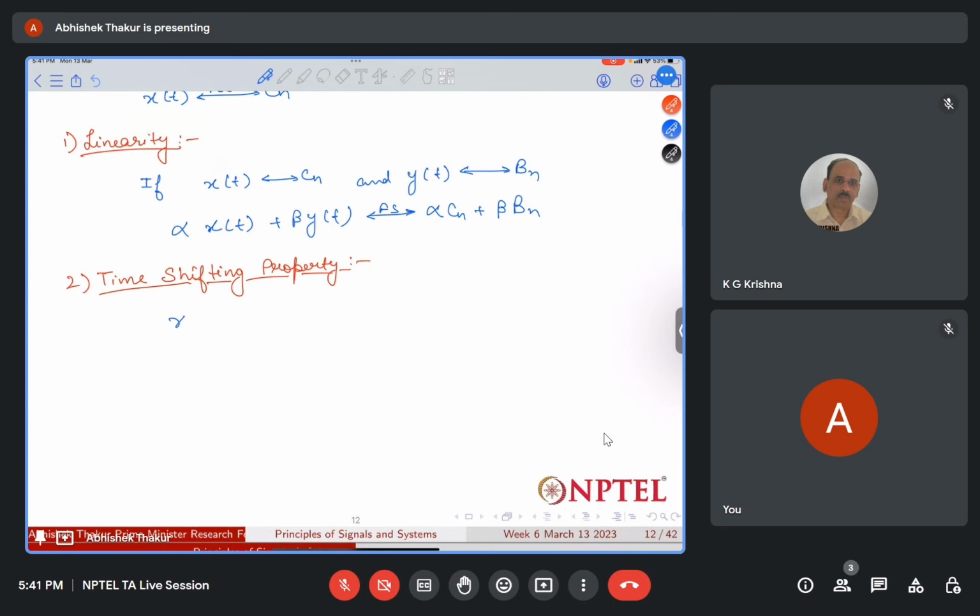In this, if the Fourier series coefficient of xt is Cn, then for x of t minus t naught, the Fourier series coefficient will be e to the power minus j n omega naught t naught, whatever the delay t naught is, into Cn.